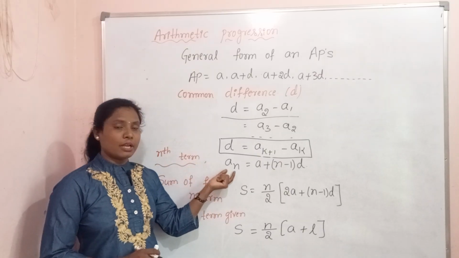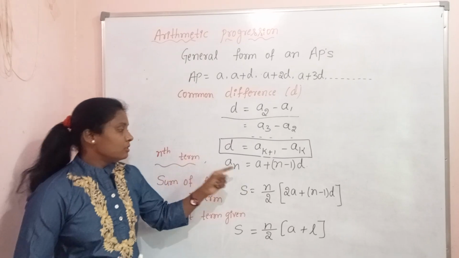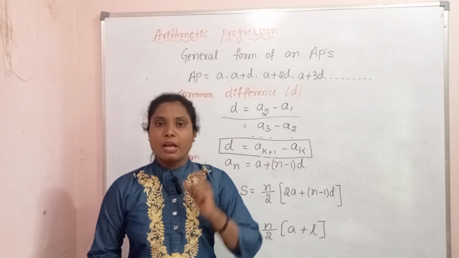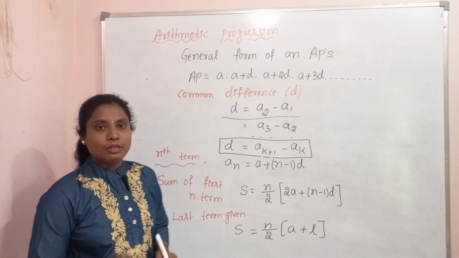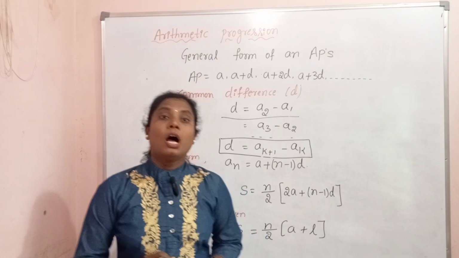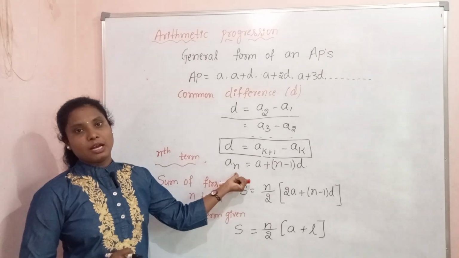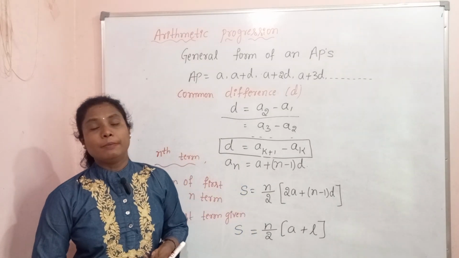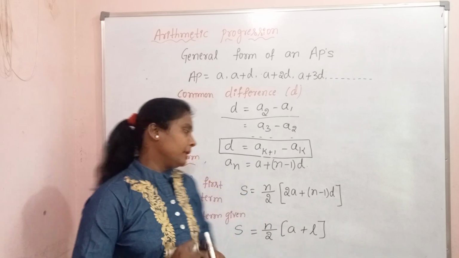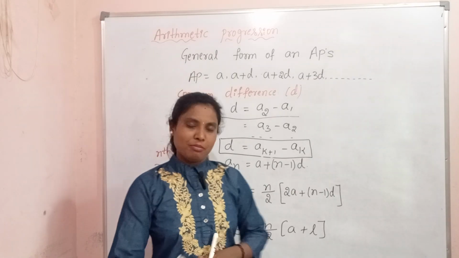That time you find the last term, the an term they give, so you will find the n value. When applying a formula you may get confused: how many terms of an AP, that time you have to apply this formula. 5th term of an AP, 17th term of an AP, 6th term of an AP, that time you will apply this formula.